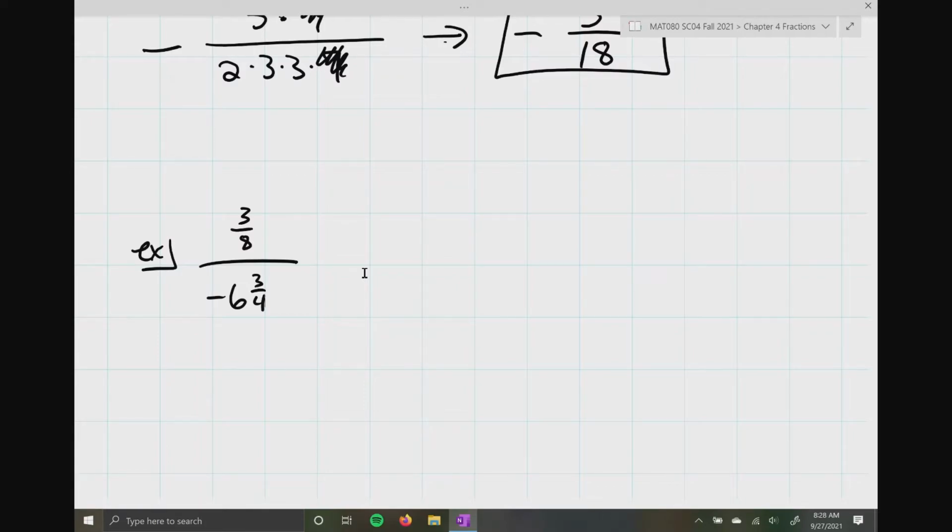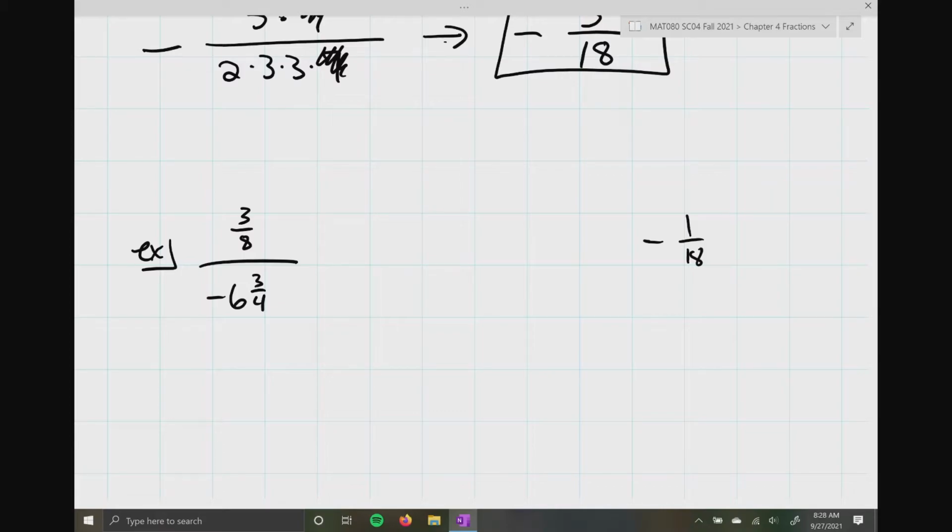Anybody get an answer yet? Negative 1 over 18. Anybody else get the same thing or something different? All right, let's go over it.